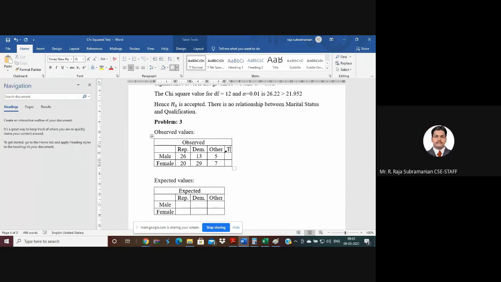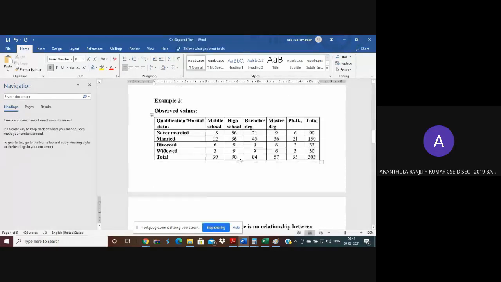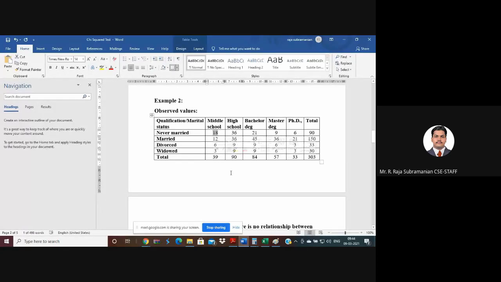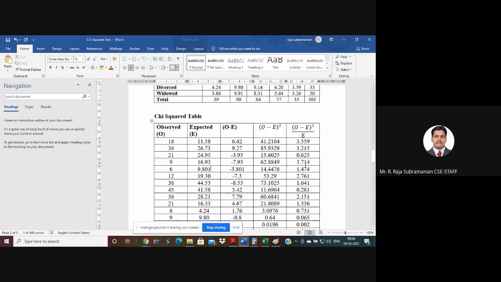No, that is actually not the case. We'll be calculating something like the total. Just a recap: I get the frequency of each thing, here also I take the frequency of each thing. How did you calculate the expected value earlier? Row total into column total divided by the grand total. Great. Same thing I'm asking here.